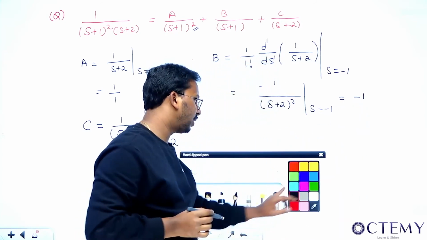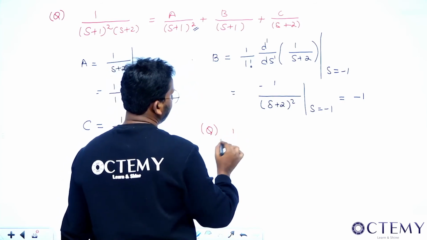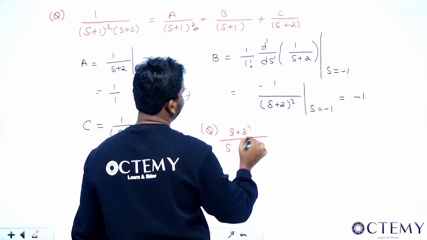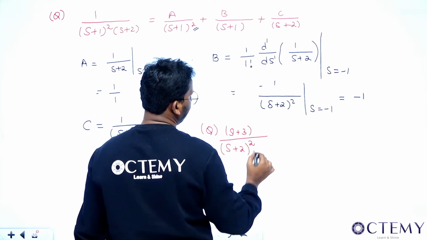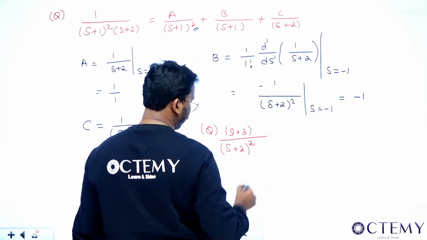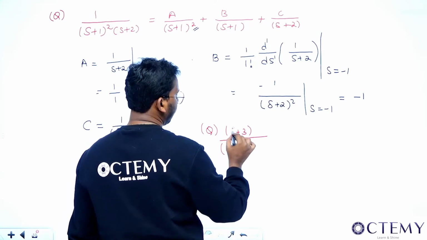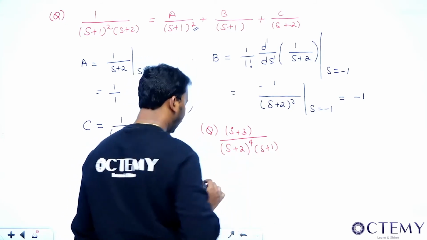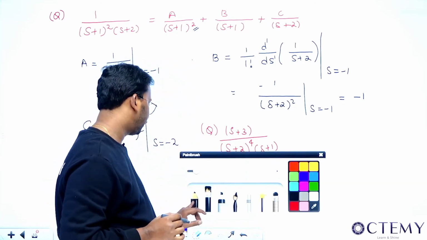Say if I ask you another question like this. Say I ask you (s plus 3) by (s plus 2) power 4, into (s plus 1), right? Now, I will not solve this entirely, but I will tell you how to solve this.